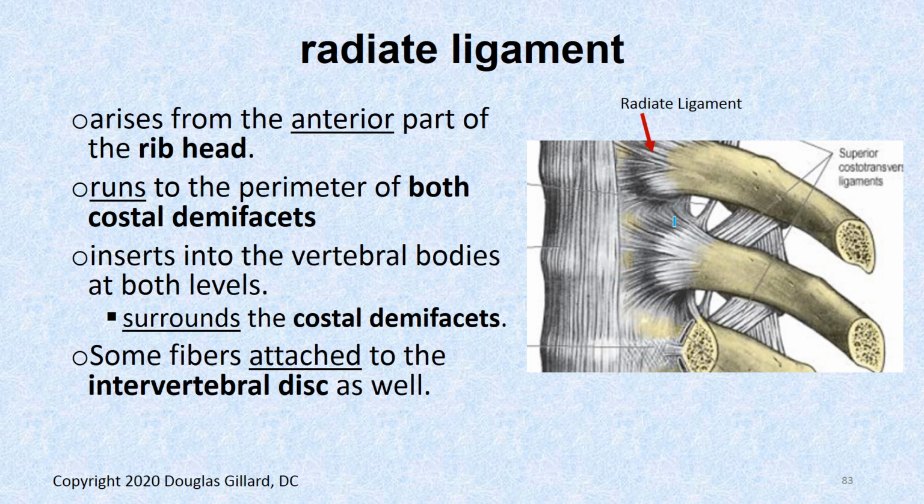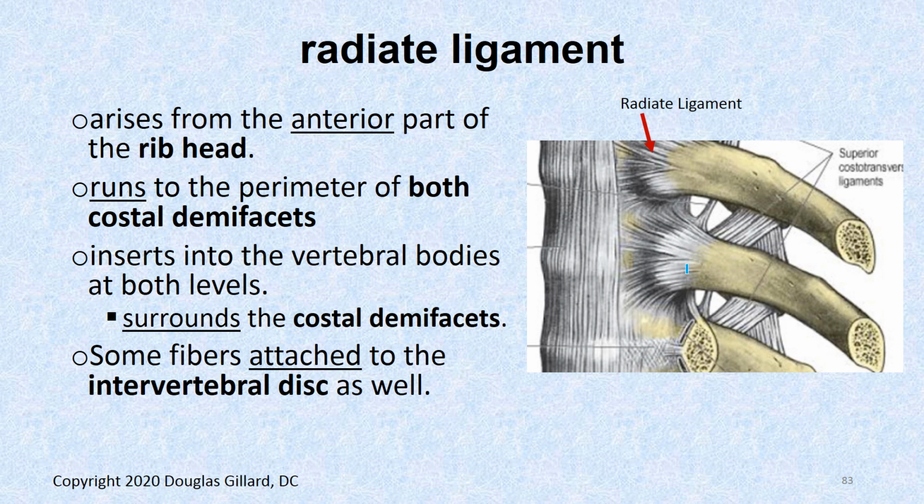Okay, here's an easy one to see. Even on cadavers, you can see it quite nicely. This is called the radiate ligament because it looks like it's radiating out. It arises from the anterior part of the rib head here, and it connects into kind of a perimeter around the costal demifacets or costal facets. They all, even T12 and T11, have it. And you can see it's just digging in there.